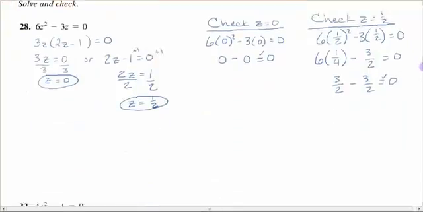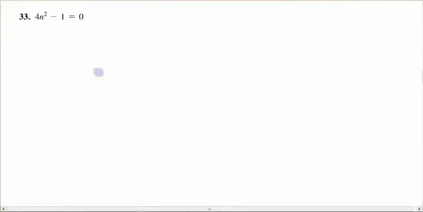Let's try that same process with this. The first thing was to get this in standard form, and it is in standard form. The second step is to factor. So I'm going to factor this. Remember, go through your factoring steps that we had an outline of.